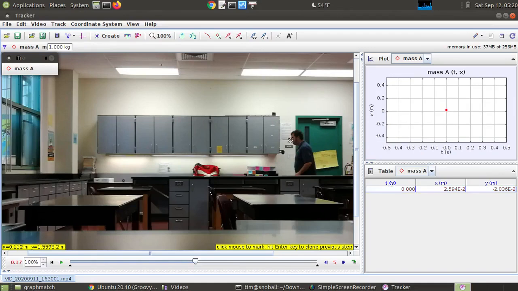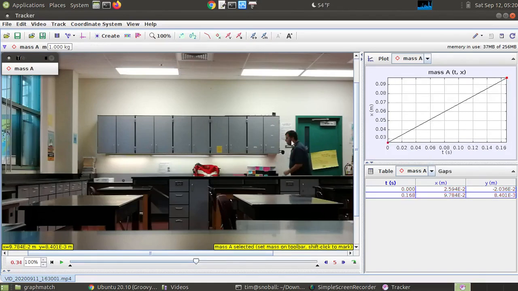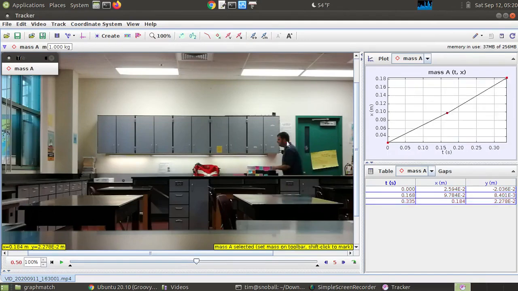And what I'm doing is basically tagging, as if it's a Facebook picture, where I am in each frame.